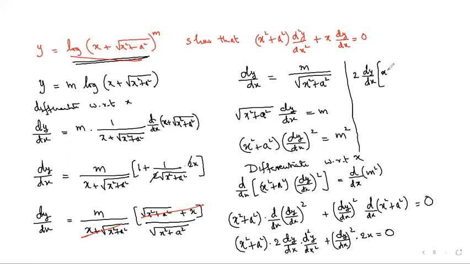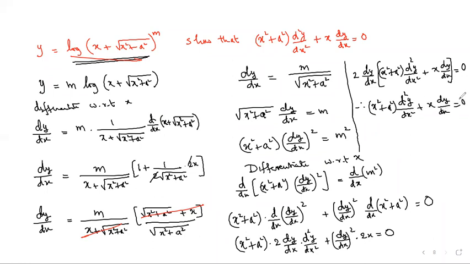So x square plus a square into d2y by dx2 plus x dy by dx equal to 0. Now this part will go to the denominator. Therefore, x square plus a square into d square y by dx square plus x dy by dx is 0. Second, dy by dx is not a 0 term. That's why this factor has been cancelled.